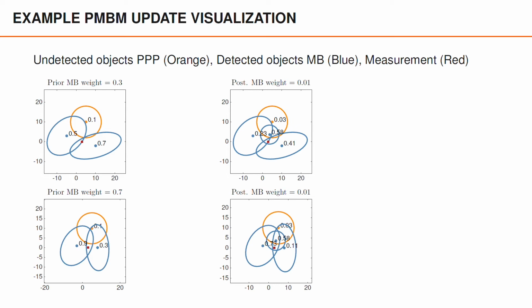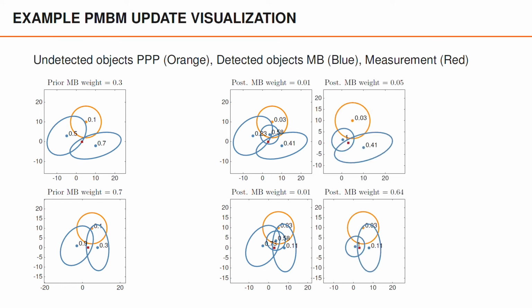So note that in both of the posterior multi-Bernoullis, the new Bernoulli is actually identical, even though the 2 prior multi-Bernoullis are different. And the reason for this is that in both posterior multi-Bernoullis, the prior for the new Bernoulli is the same, and that is the undetected intensity.